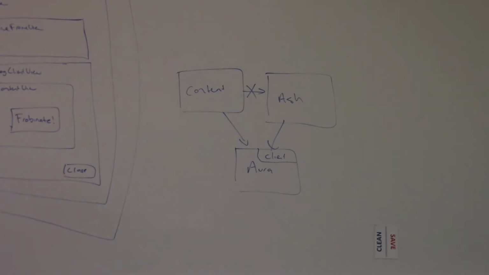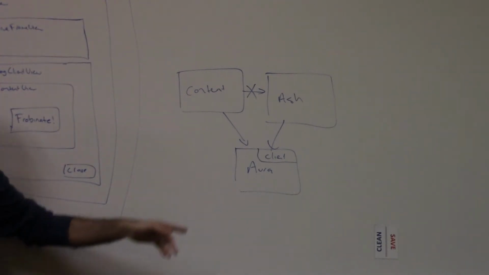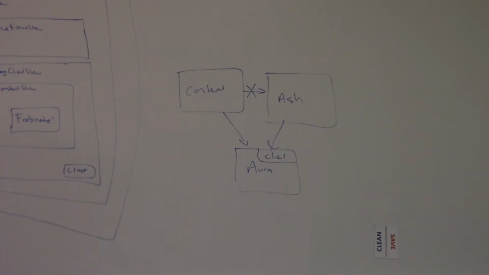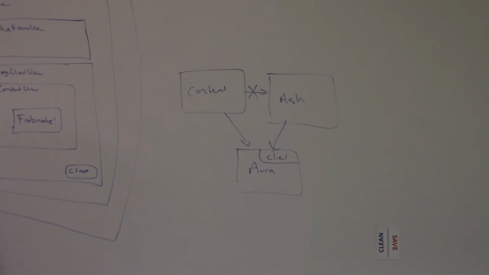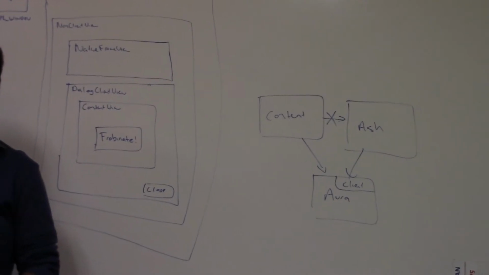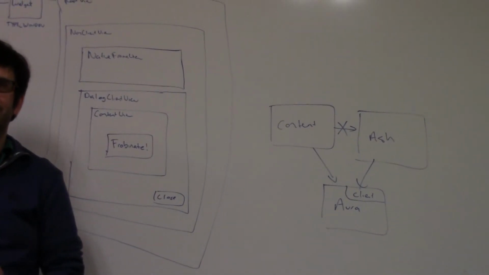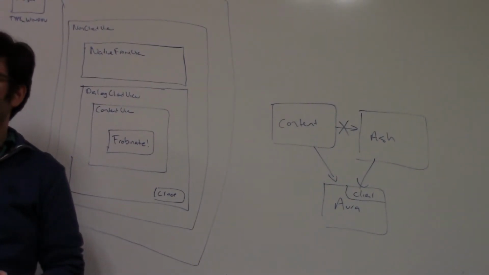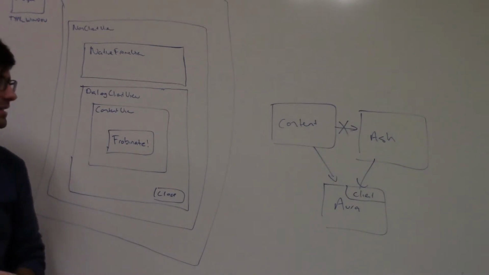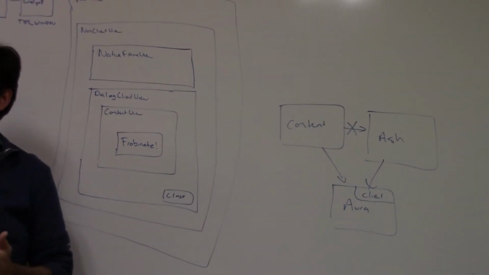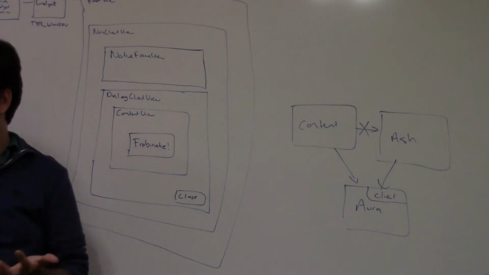Another interesting component. With the start of the desktop Aura project, I realized that there's a bunch of stuff in Ash that might be useful. Whenever you have a set of Aura windows, you're going to have to deal with focus. And focus is historically kind of this nasty thing that no one really likes to deal with. So there's a bunch of focus logic in Ash that dealt with how focus works.